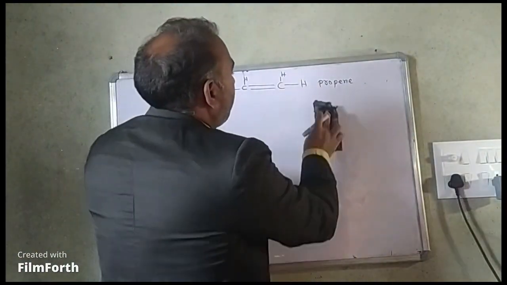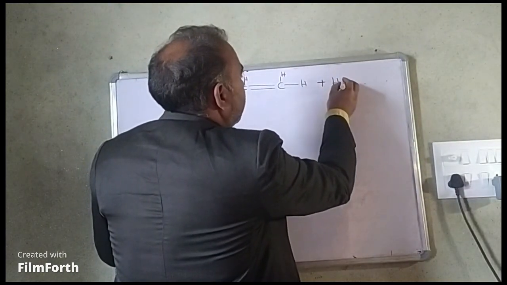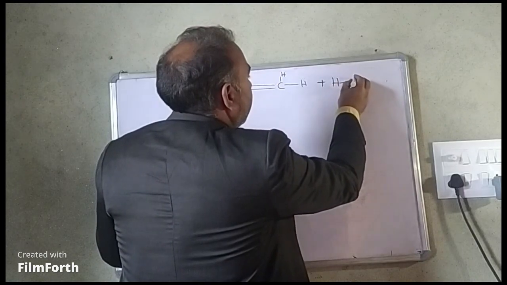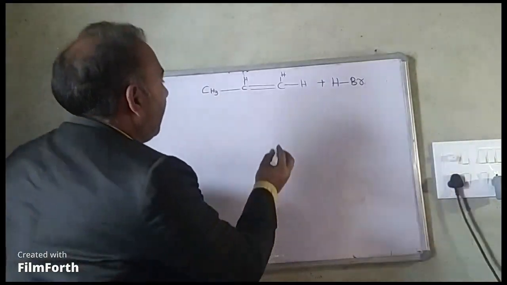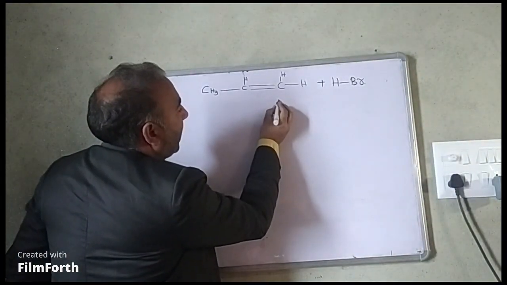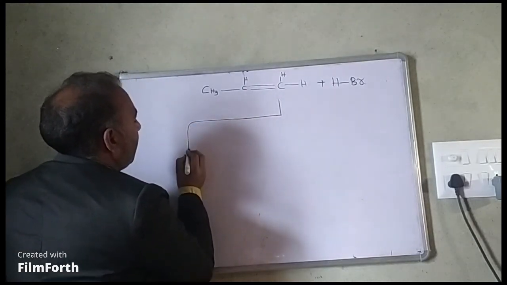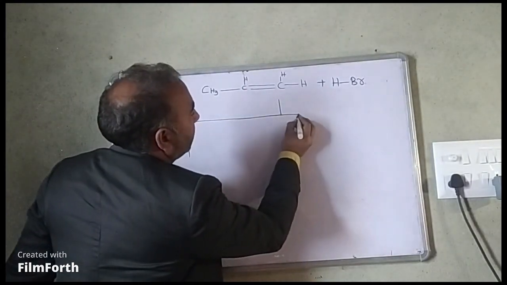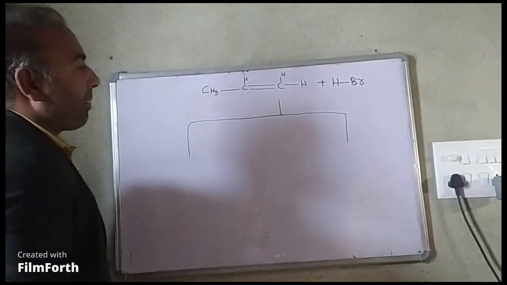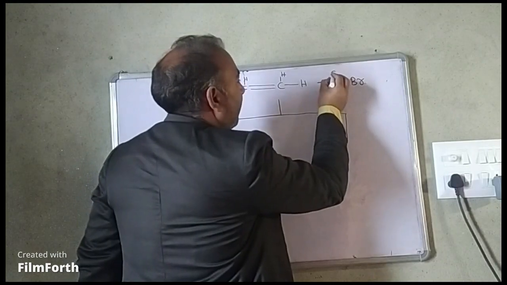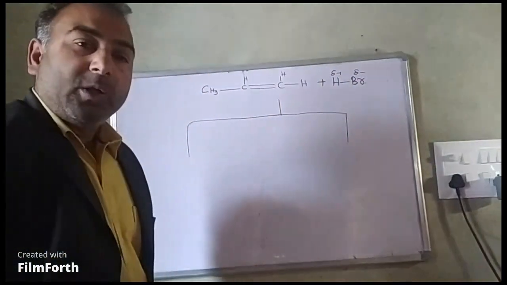We will add HCl or HBr, hydrogen bromide, to it. Now this reaction has two pathways, path number first and path number second. This H is the electrophile and this Br is the nucleophilic part.